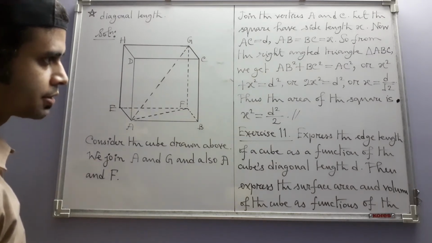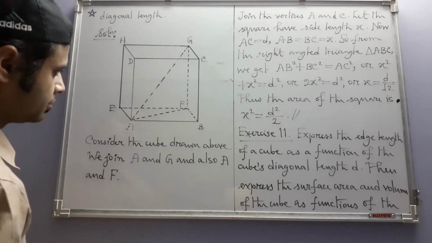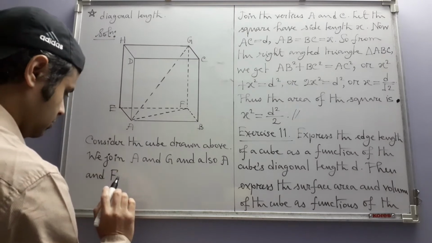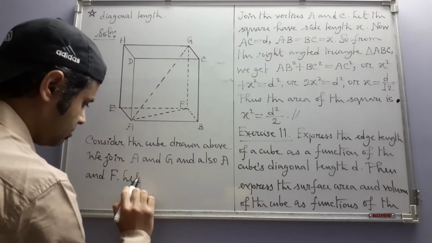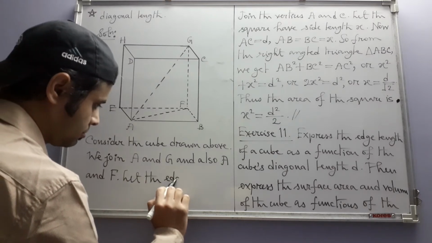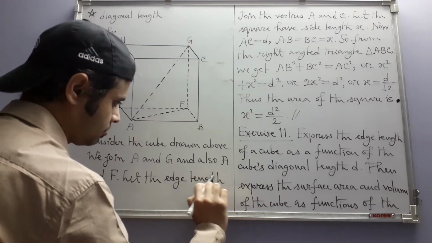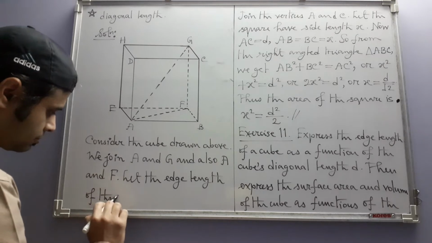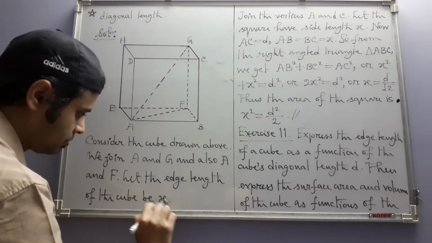Diagonal length D is given, and we have to express the edge length in terms of the diagonal length, right? Okay, let the edge length of the cube be x.